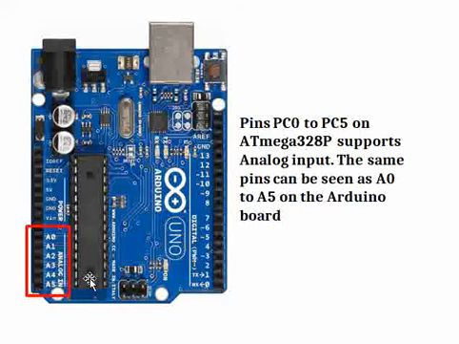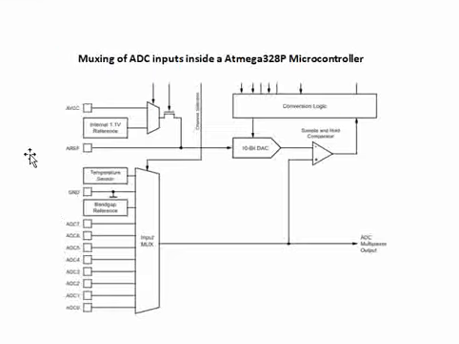Generally, if you take the ADC inside a microcontroller, it will be a single unit, and based on the inputs that are there, they will be provided to a mux, and then that mux output, the single output, will be given to the ADC that is present inside. So now, if you see, this is a block diagram of the ADC section inside the ATmega328P microcontroller.